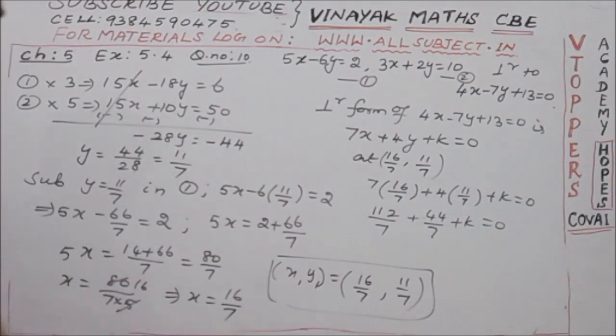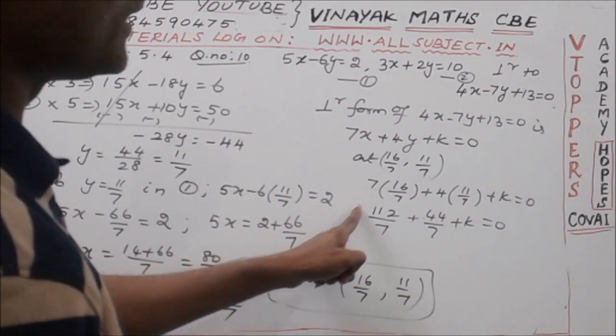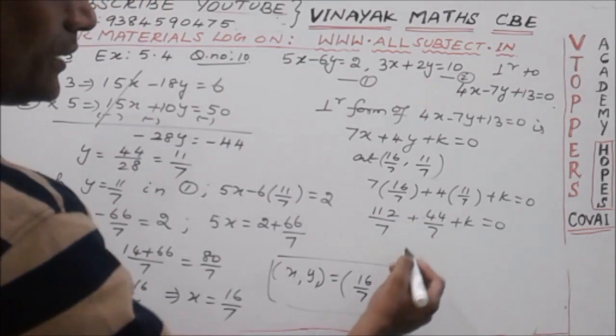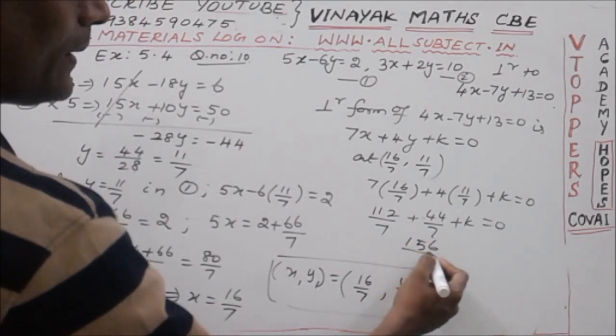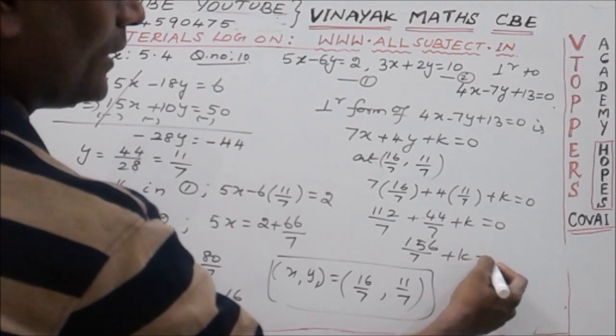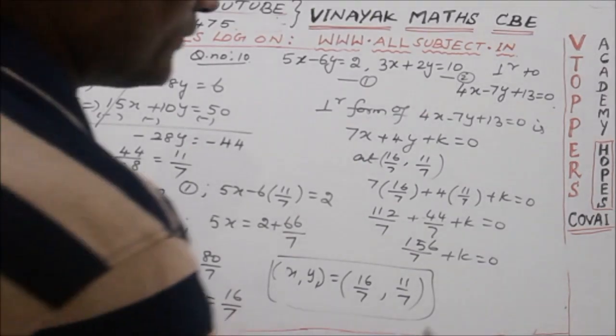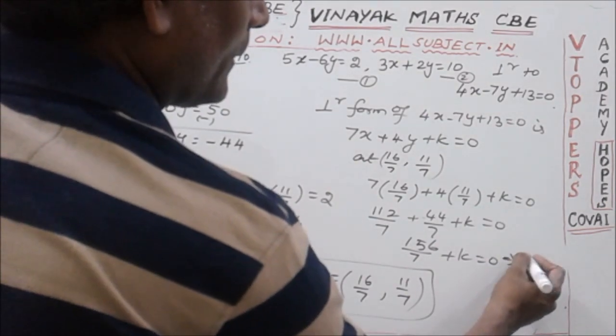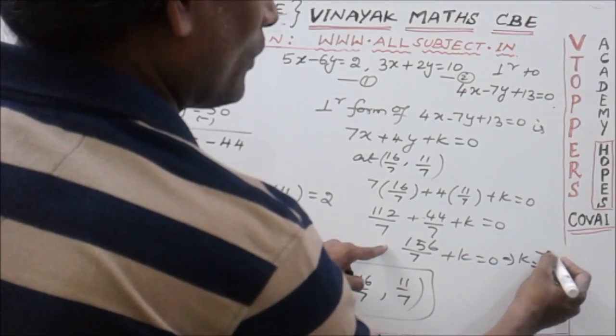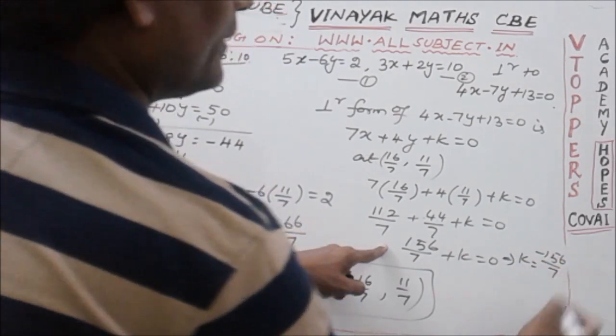Now adding these two values, 156 divided by 7 plus k equal to 0. Now substituting, k equals minus 156 by 7.